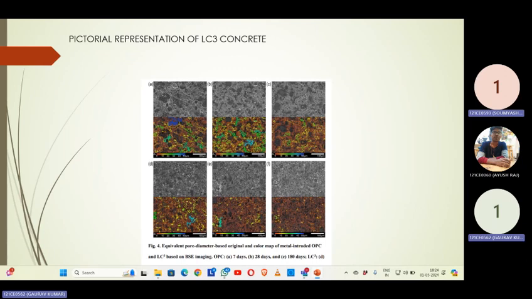Here we can see that both LC3 and OPC paste underwent densification. LC3 demonstrates a higher fraction of finer pores compared to OPC at 28 days and 180 days, indicating the more refined microstructure. And we can also see that the fraction of large pores reduced significantly in LC3 from 28 days to 180 days, supporting its densification trend.